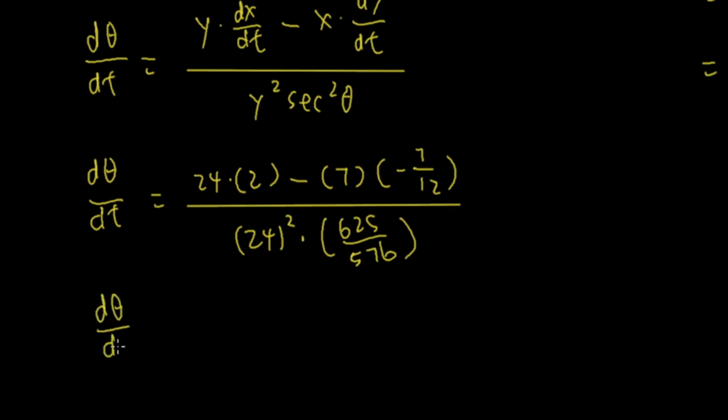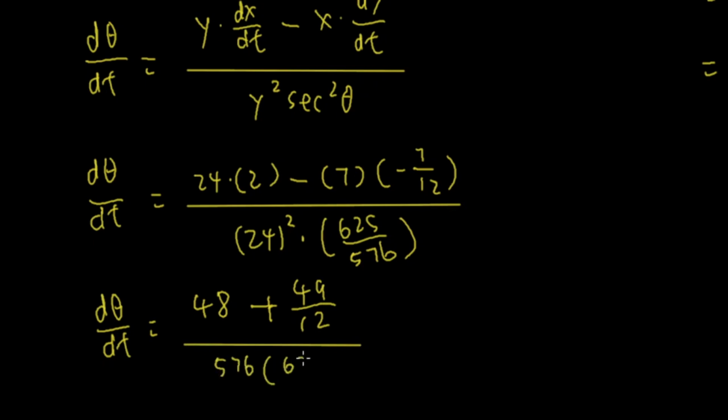d theta over dt is equal to, now this is 48, minus is a plus, 7 times 7 is 49, over 12, divided by, what's 24 squared? 576 times 625 over 576. We know that this and this cancel out, so at the bottom it's only 625.